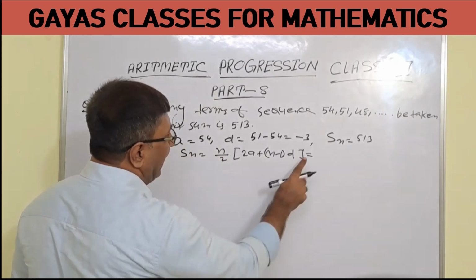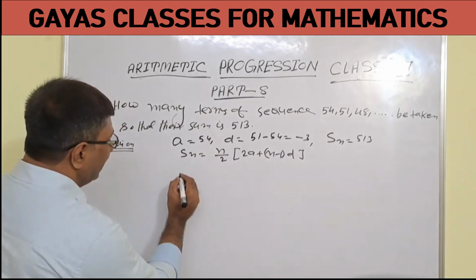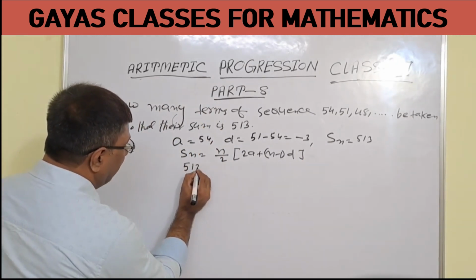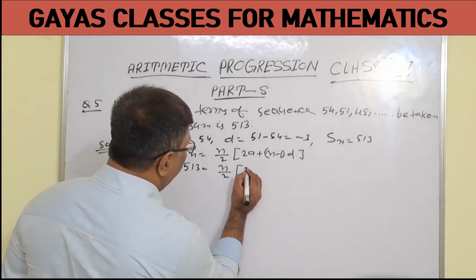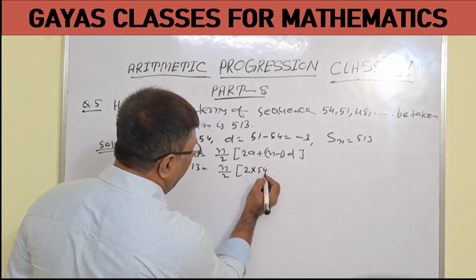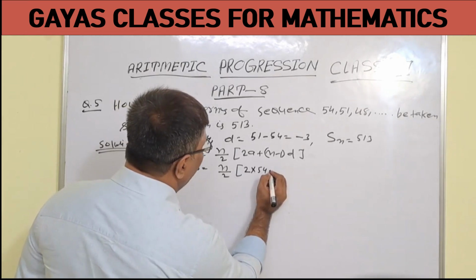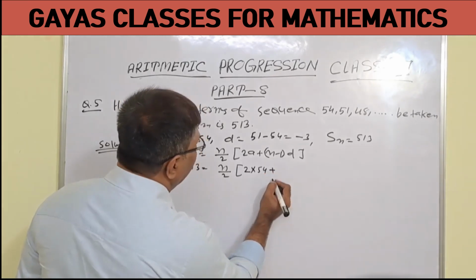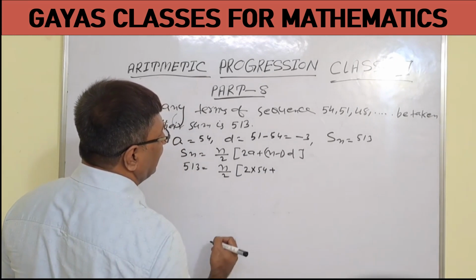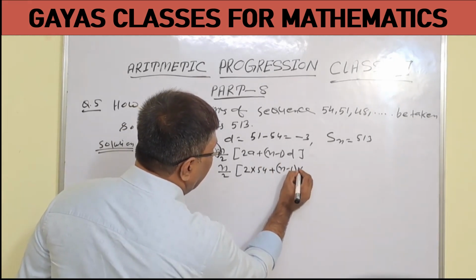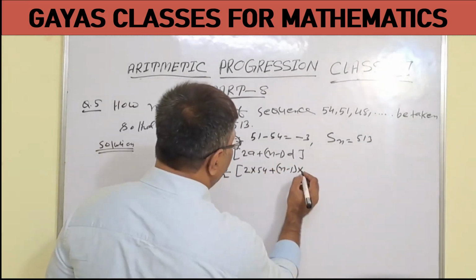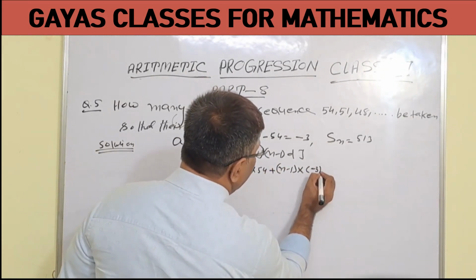When we apply this formula, it is already given as 513, and this is n by 2. a is 54, so 2 into 54, and n minus 1, and d is minus 3, right?